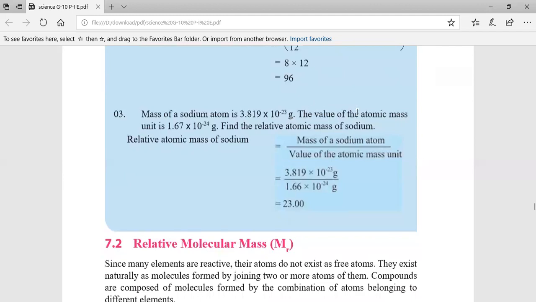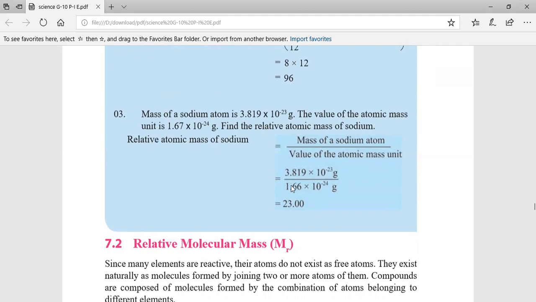The value of the atomic mass unit is 1.67 × 10^-24 grams. Find the relative atomic mass of sodium. We write the equation for relative atomic mass.